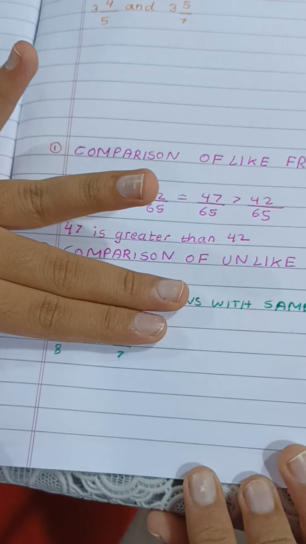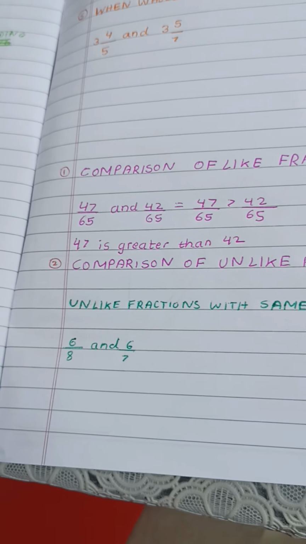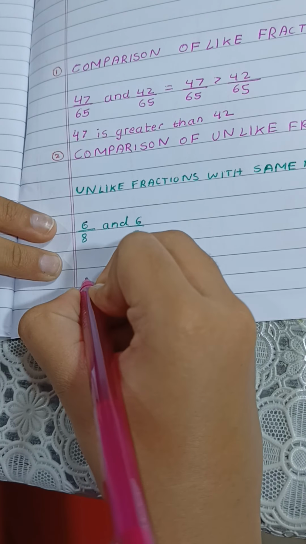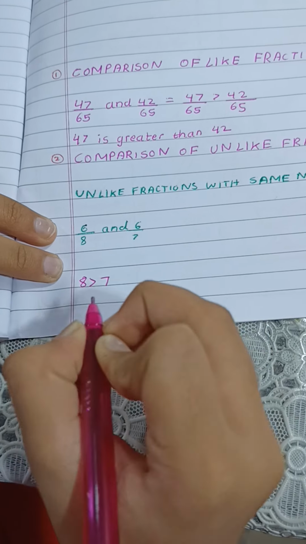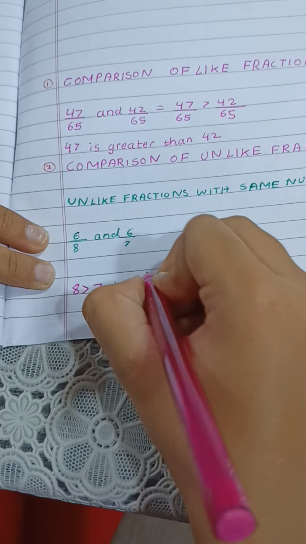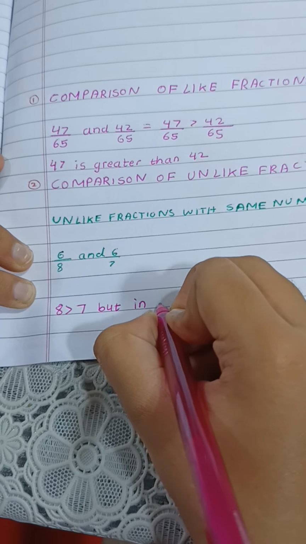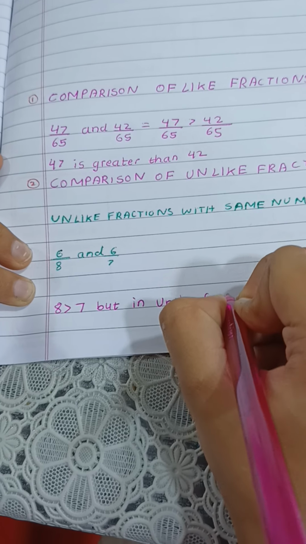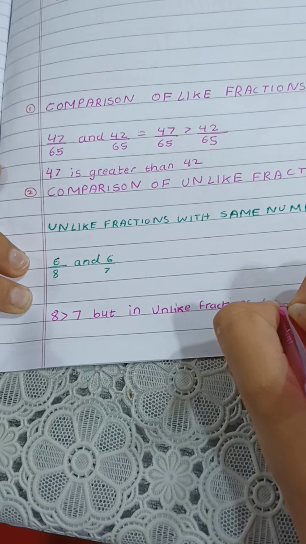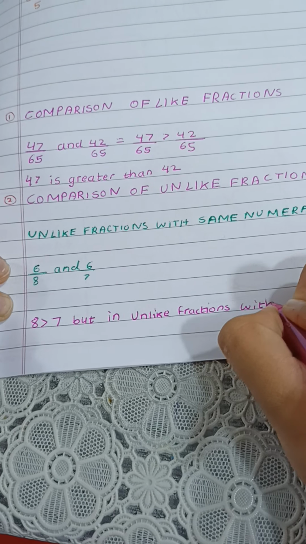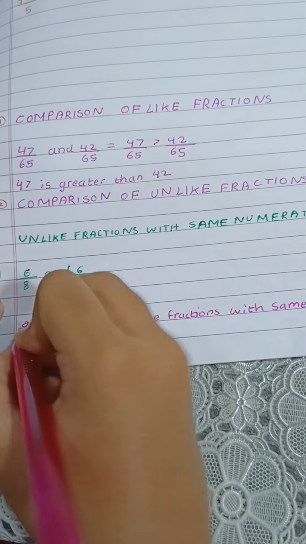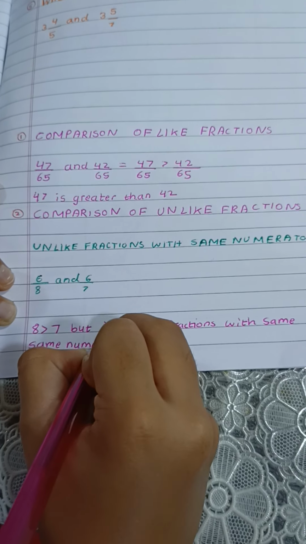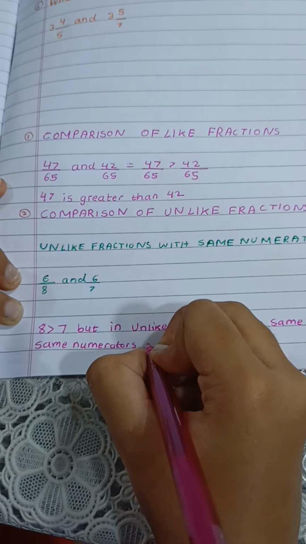But in fractions, we have to say 6 by 7 is greater than 6 by 8, because it's a complete opposite. So 8 is greater than 7, but in unlike fractions with the same numerators, it is different.